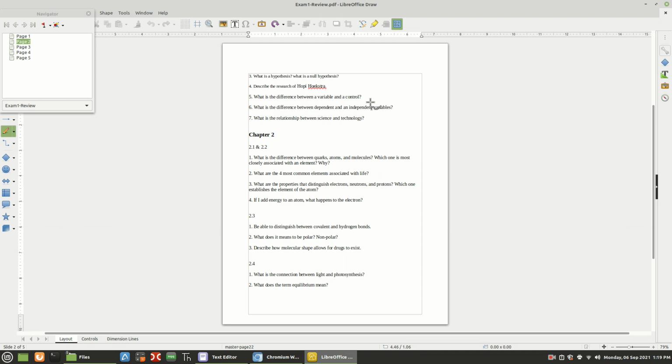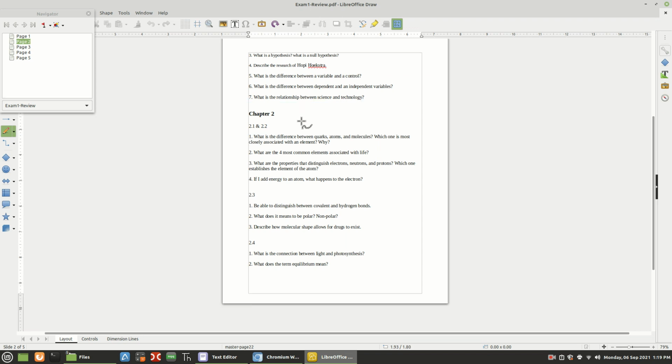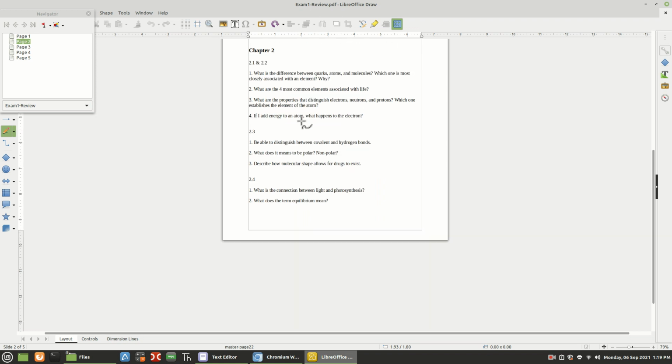Know what the difference is between a variable and a control. Dependent and independent variables. All of these can be found in the book, or just a general Wikipedia search can help you with a lot of these if the book is not very good at explaining it. And in my videos, I give you what is the difference between science and technology. You'll need to investigate that and talk about it.